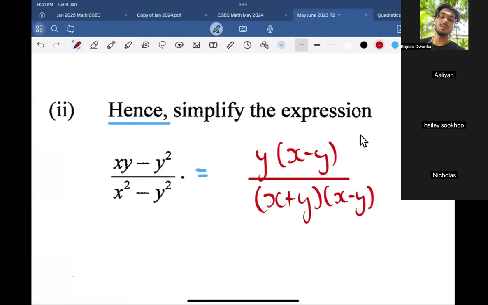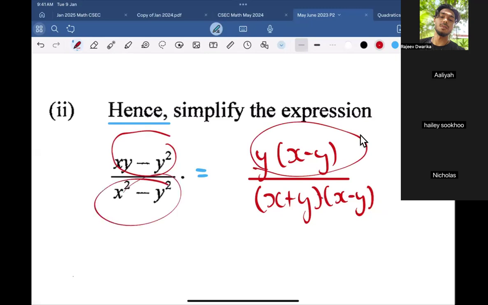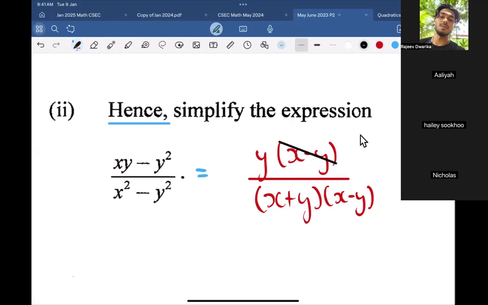Anyways, you can only cancel off terms when there's multiplication involved. So that's why we need to write it as the product of the factors. By factors, I just mean factorizing. This form is the factorized form of this, and this is the factorized form of this. When you factorize, you find a product of the factors, and once it's a product, it can cancel off. So the x minus y would cancel off with the x minus y, and the y would cancel off with the y.